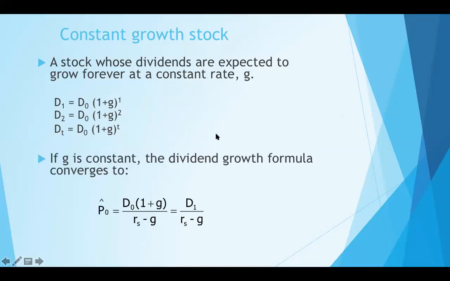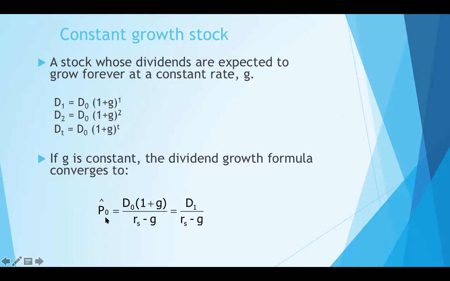If you rearrange this formula, and if you want, I can send additional readings on how to end up with this formula. Yes, I will send it. You end up with this growth formula, right?